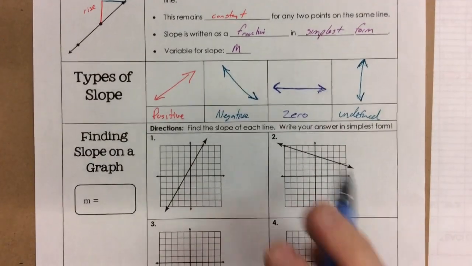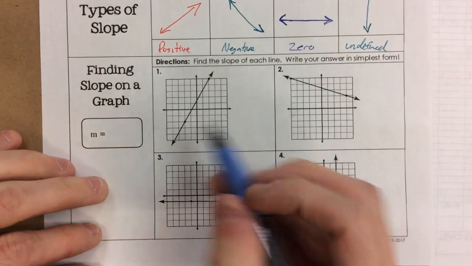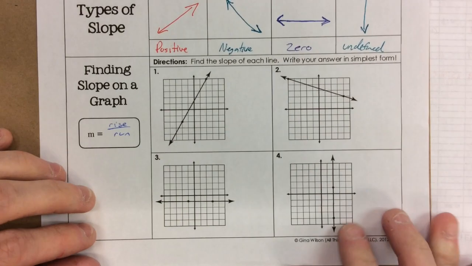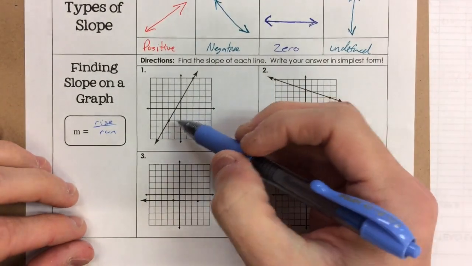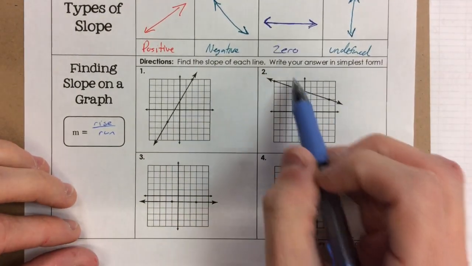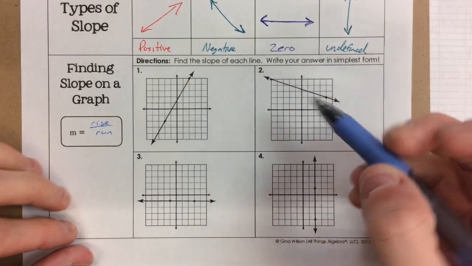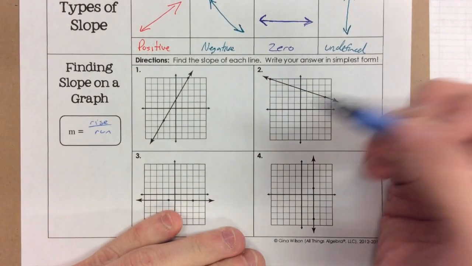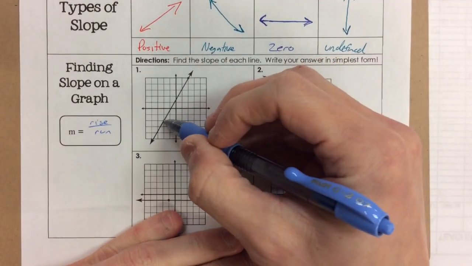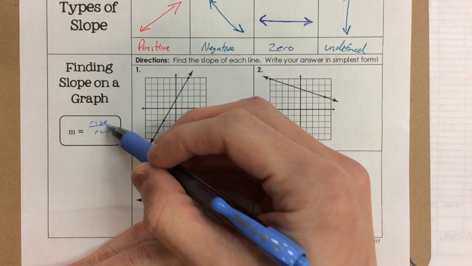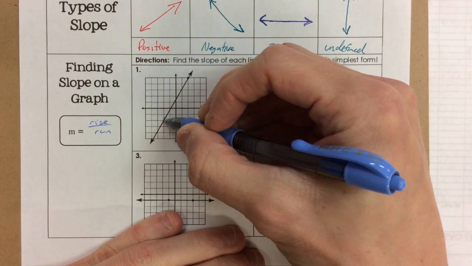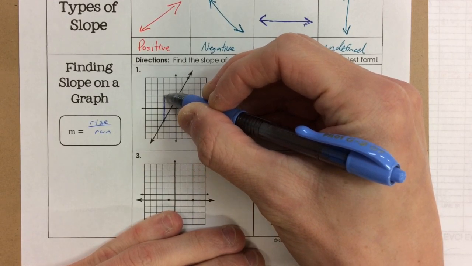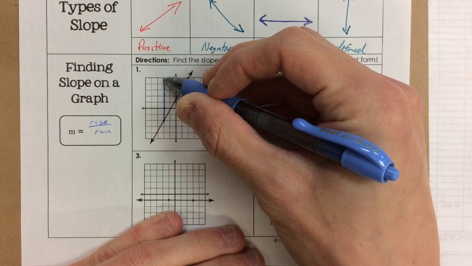So finding slope on a graph, m equals, we've already written this, but rise over run. So let's find the slope of each line. And you have to write your answer in simplest form. So I'm going to do one of these. Number 1 only makes sense. So we have a point right there. We do rise first, so let's do that. We're going up 1, 2, 3, 4, 5, 6, 7.